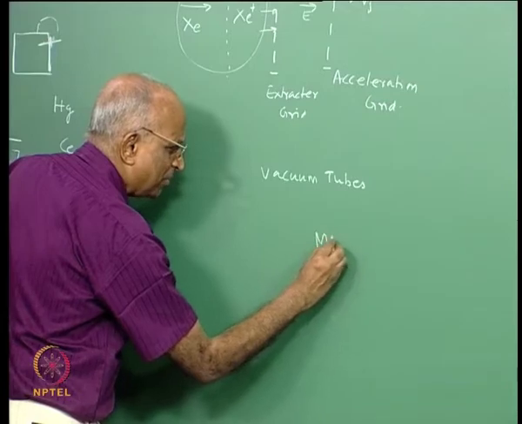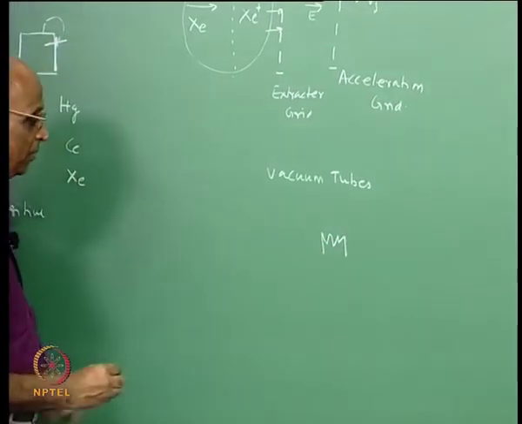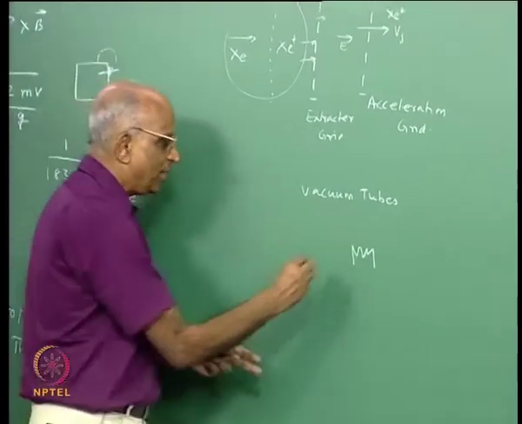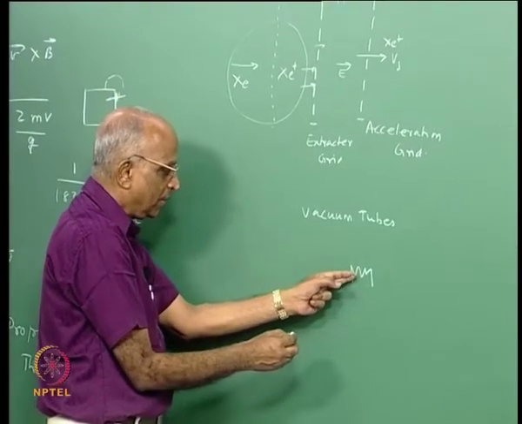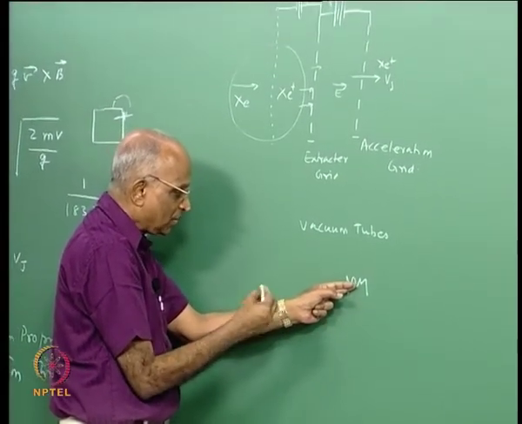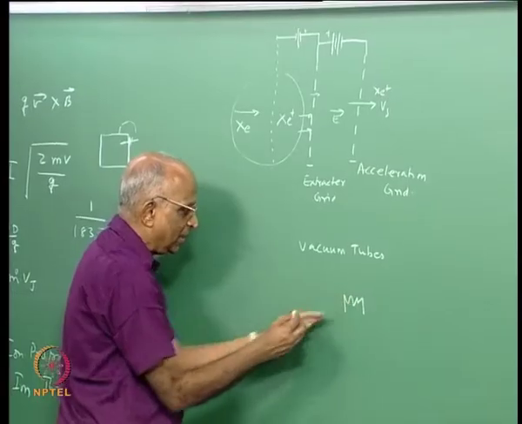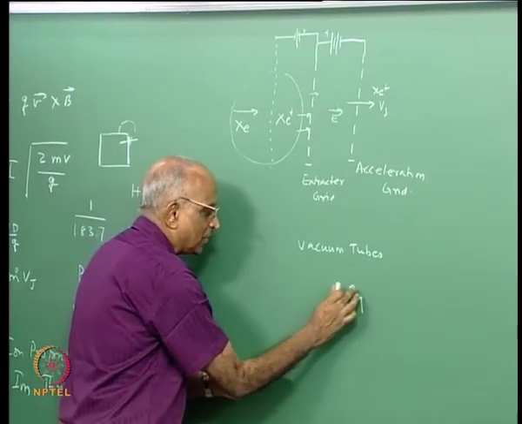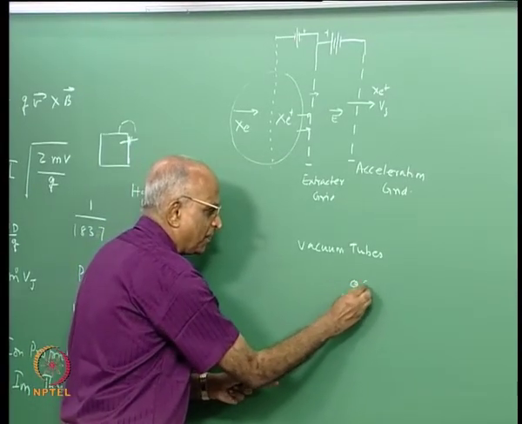We had something like a filament, preferably of tungsten, which used to generate, when I heat the tungsten, the work function of tungsten is low, so that when it is heated it could create electrons, that means something like negative charges.